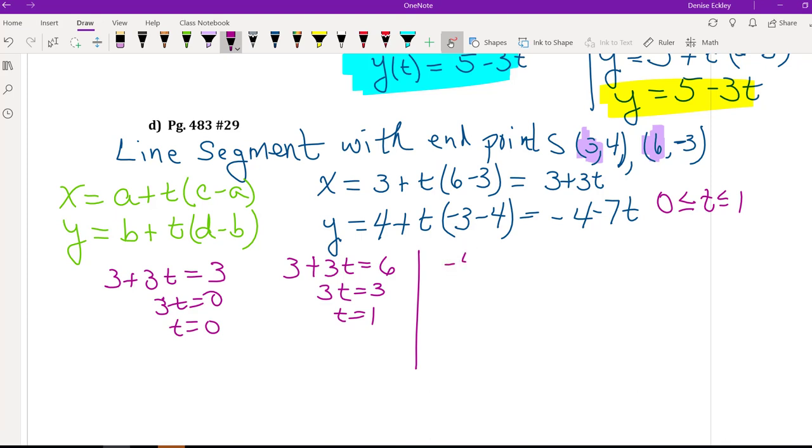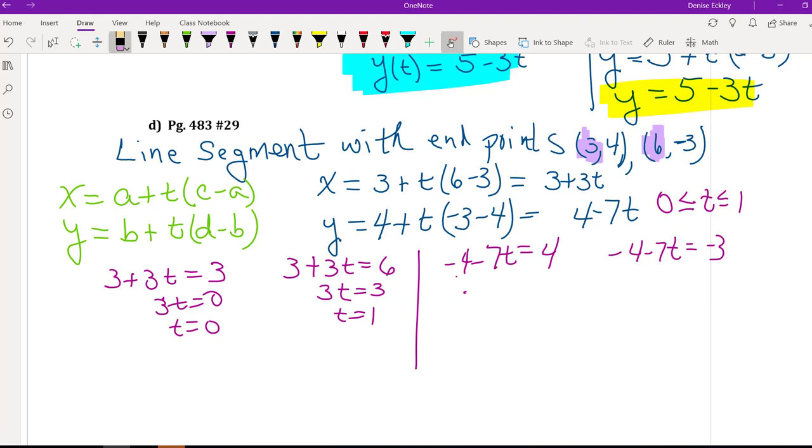You could have taken negative 4 minus 7t and set it equal to the y's. So set it equal to 4, or negative 4 minus 7t equals negative 3. And if I do this real quick, so if I add 4, oh, this should be a positive 4. I don't know why I put a negative 4 there.